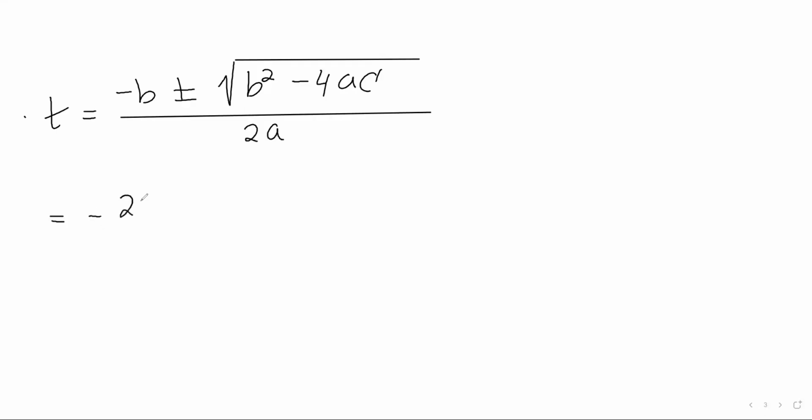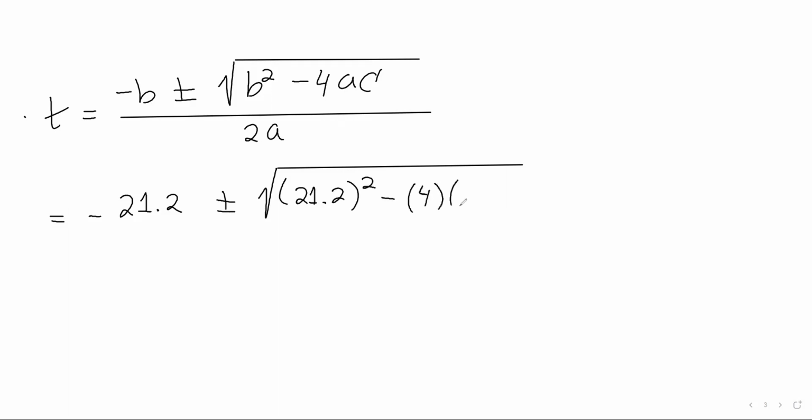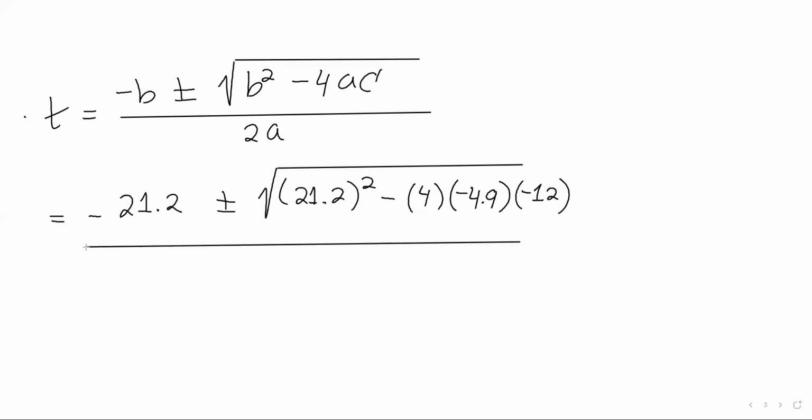So this is negative b, which is 21.2, plus or minus the square root b squared minus 4 times a, negative 4.9, times c, which is negative 12, all divided by 2 times a.